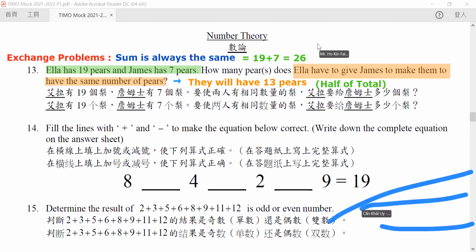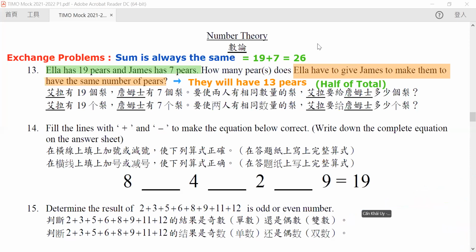Okay, so now let's go back to our question. Since Ella starts with 19 pears and ends up with 13, how many of them will she need to give to James? So our answer will be equal to 19 minus 13, which is equal to 6.